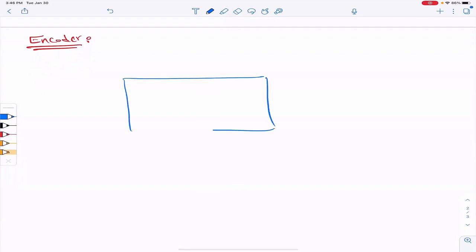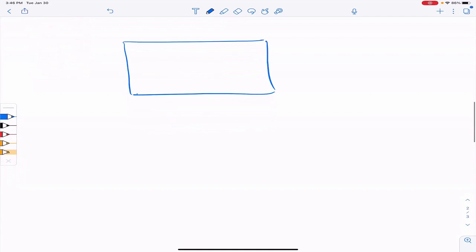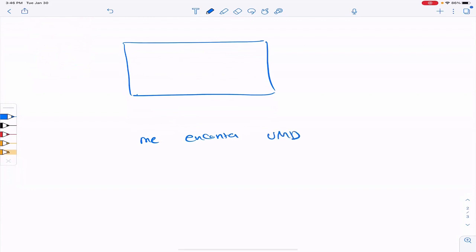Right, so here's my encoder. These are the words that I had, me and Kanta, UMD. We can't have words as input to the model, right? So we need to translate the words to real vectors, because all of these models work with real vectors. So what is the process to translate words into real vectors?